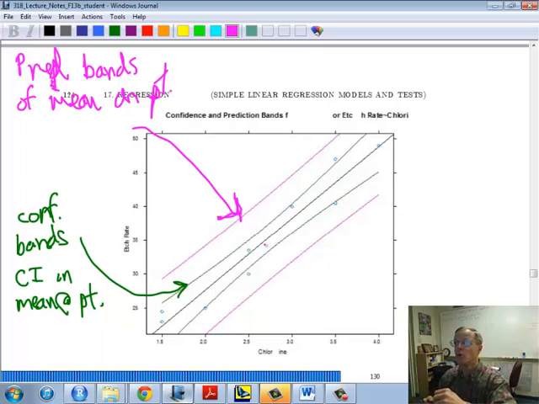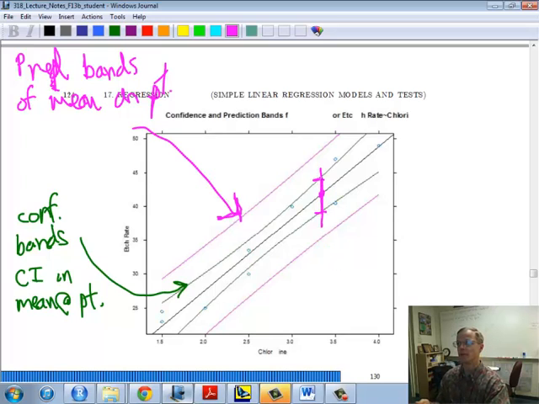So if we suppose that at this particular point here, we want to say, what is the 95% confidence interval on the future mean, then it's this interval right there, here to here. So what's the true mean observation at that point?